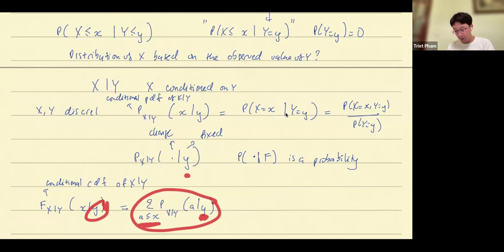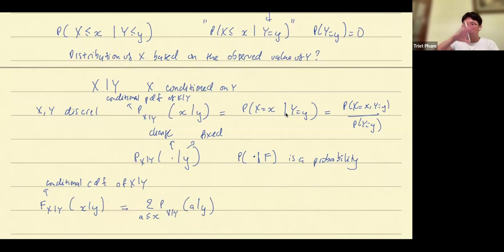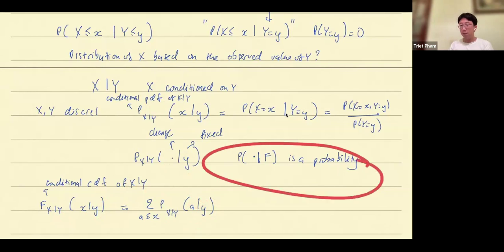What you're summing over is this part, which is the variable. And once you recognize that, this is just the usual summing of the probabilities below the value to get to the cumulative distribution function. So nothing strange about that. The only thing that you should pay attention to is how the y gets fixed in this process.